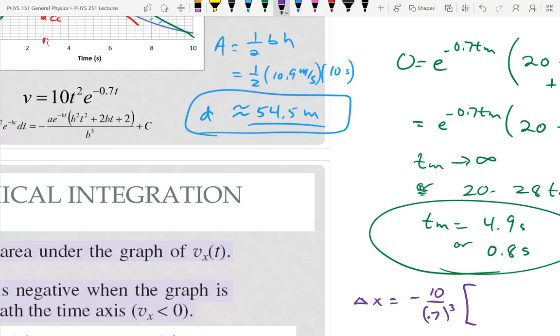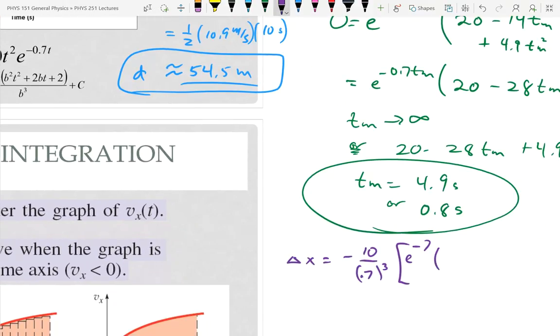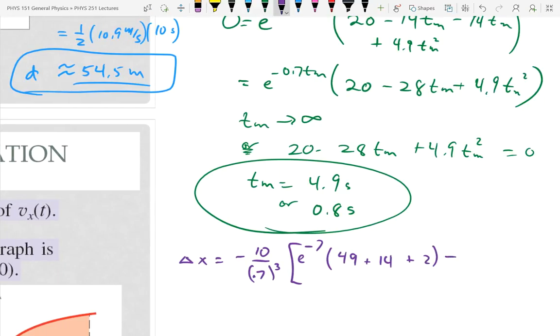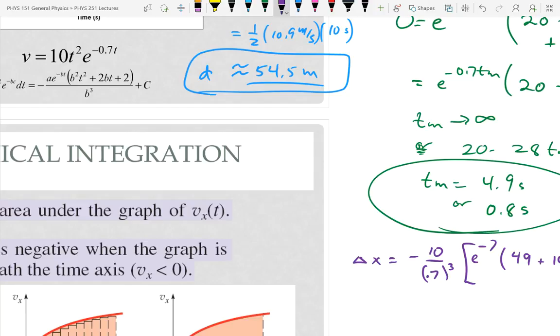Then I'm going to have e to the minus 0.7 times 10, which is 7. 0.7 squared is 0.49. 0.49 times 100 is 49. 2 times 0.7 times 10 is 2 times 7, 14. Plus 2. And then minus e to the 0 times 0 plus 0 plus 2.